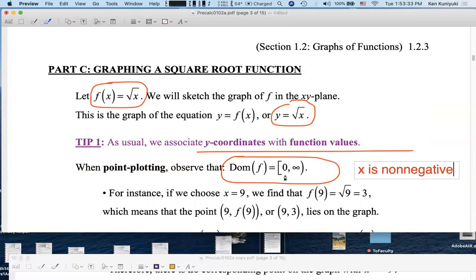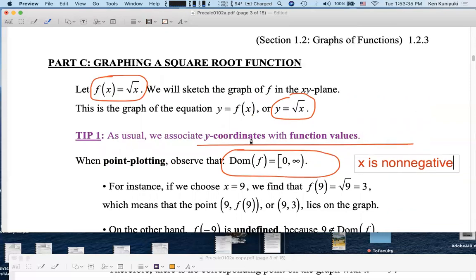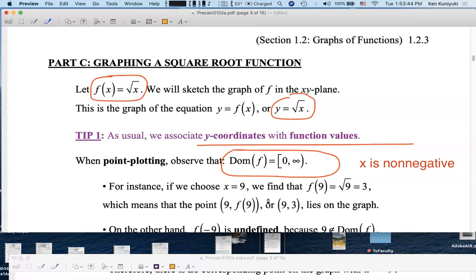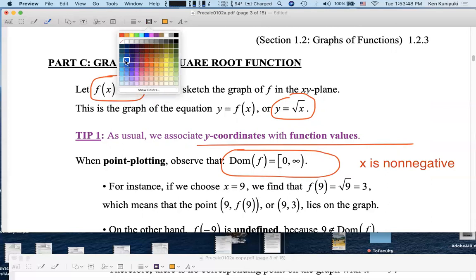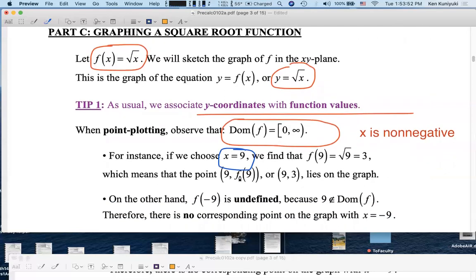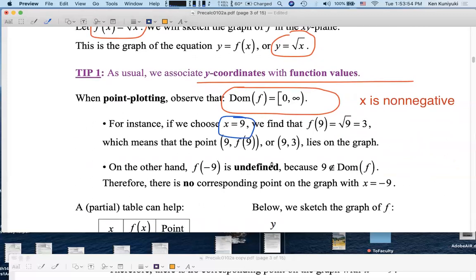That's legal. So, for example, positive 9 is in the domain, but negative 9 is not.